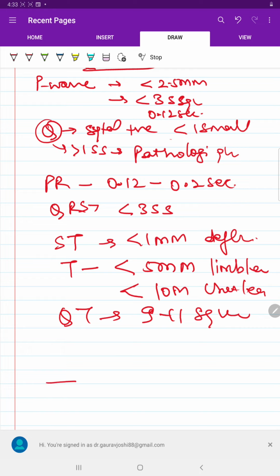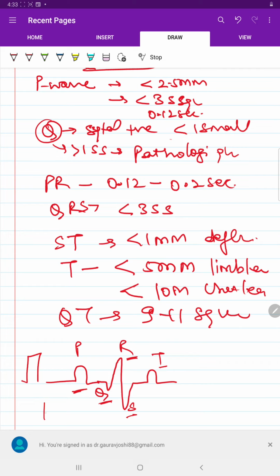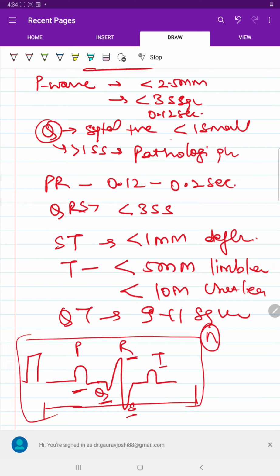So this is the P, Q, R, S, T. Whenever you get an ECG paper, just look for the normal values of ECG, the R waves, T waves, and standardization, the amplitudes of these. If everything is normal, then the ECG is normal. If there is a derangement in these values, then it is an abnormal ECG.